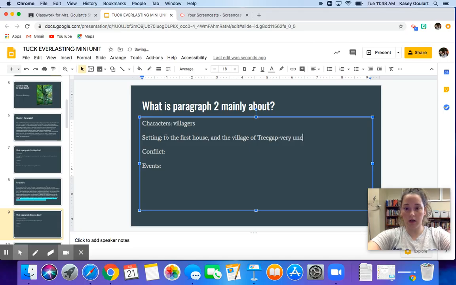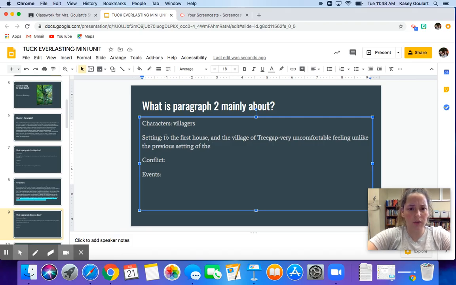Very uncomfortable feeling, unlike the previous, which means the one before, the previous setting of the, did we call it a meadow? No, of the pasture / wood.